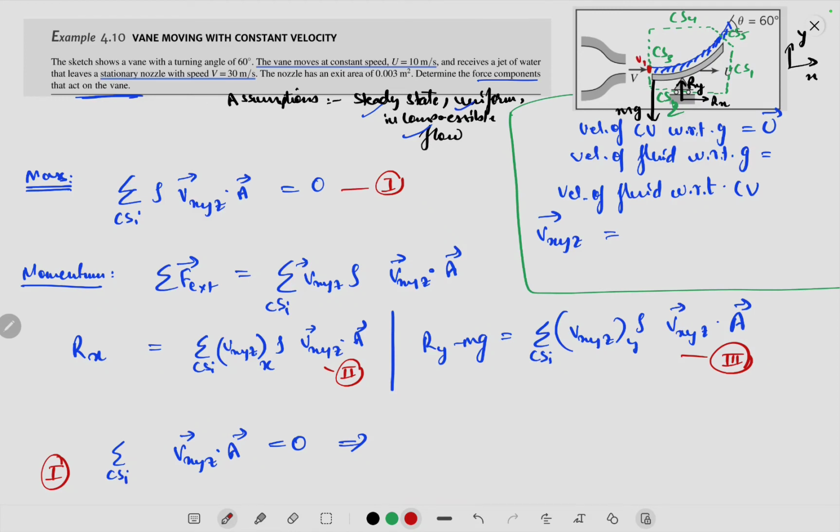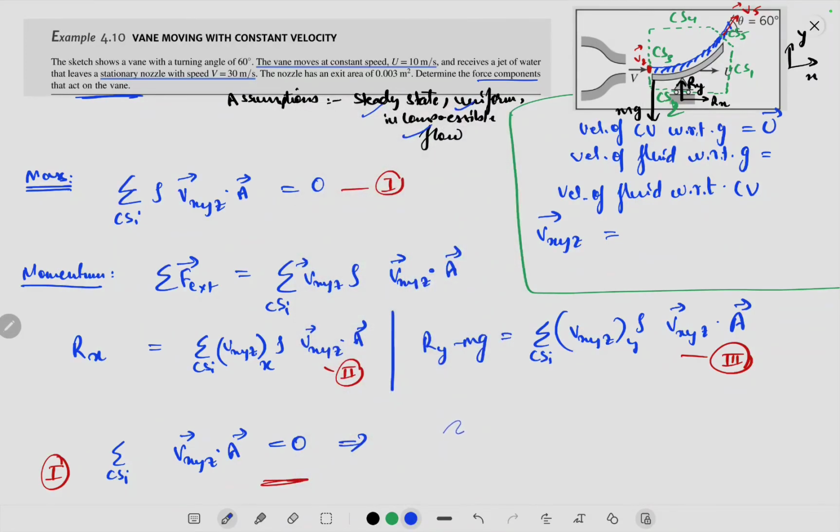The control surface that I'm taking is CS2, so let's just write this as V2, and this is CS5, so let's assume that this velocity is V5. Now with this information in hand, what will be this equation?